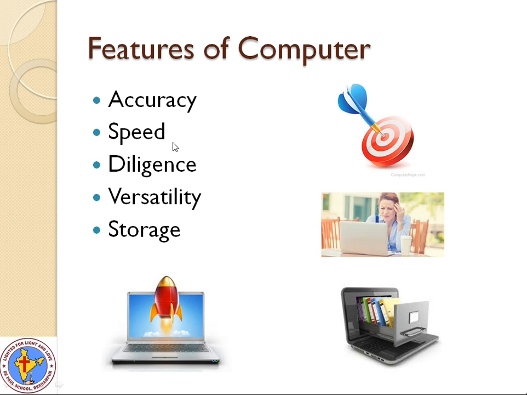Speed, it gives us the result very quickly. Diligence means without tire, it works for long hours. Versatility means different types of works can be done. And storage, it can store huge amount of information for future use.